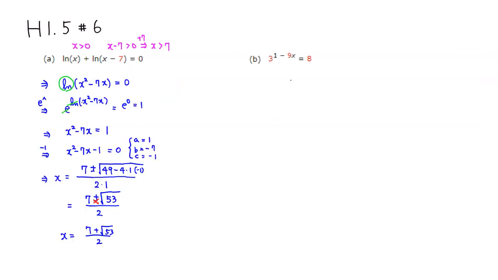First we're trying to get rid of this base 3. We can easily do that by simply taking a natural log of both sides. So you have the natural log of 3 raised to the 1 minus 9x is equal to the natural log of 8. A good thing about that is, using one of the properties, we can place this exponent right in front.